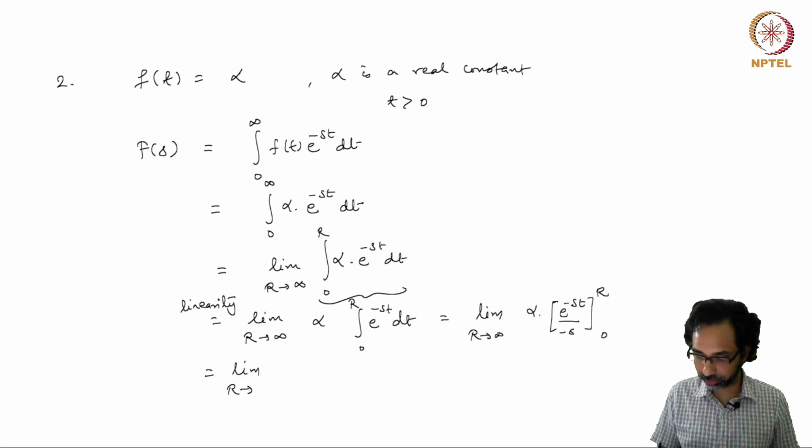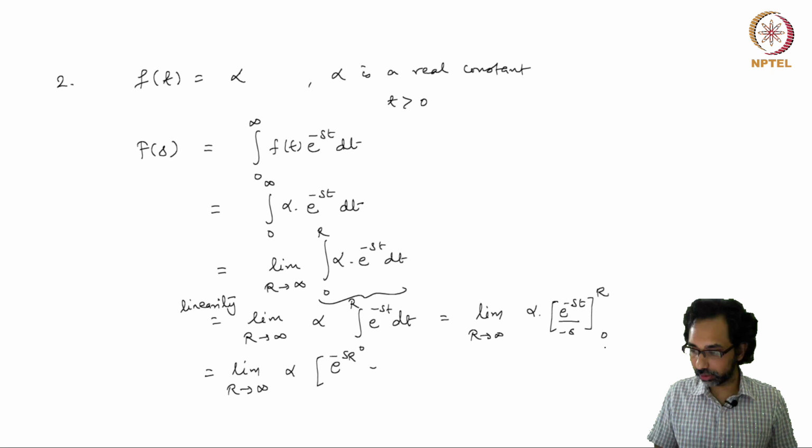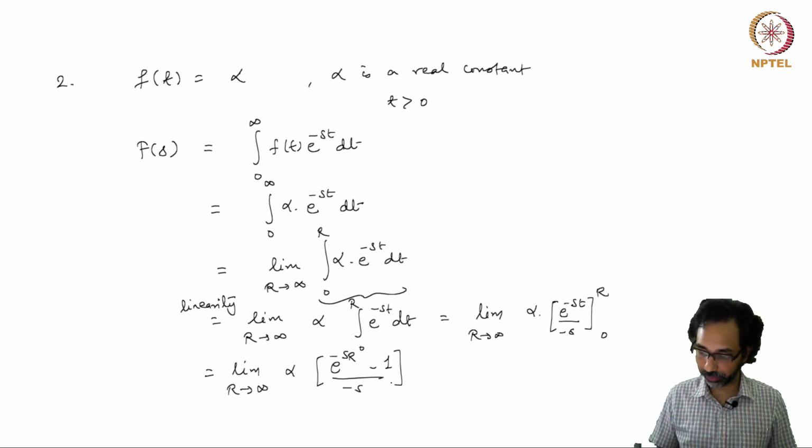Now this can be written as alpha times (e to the minus sr minus e to the minus s0) times 1 over minus s.